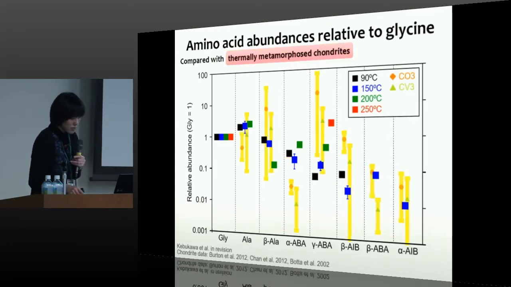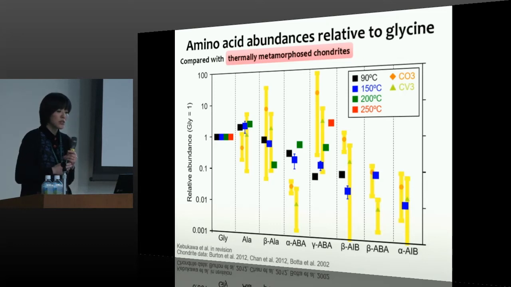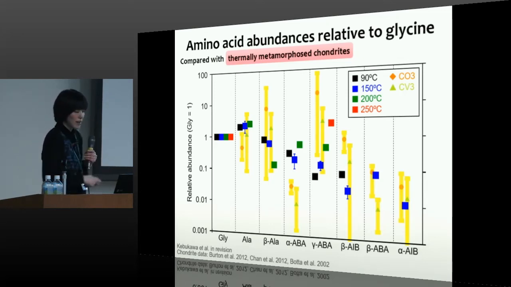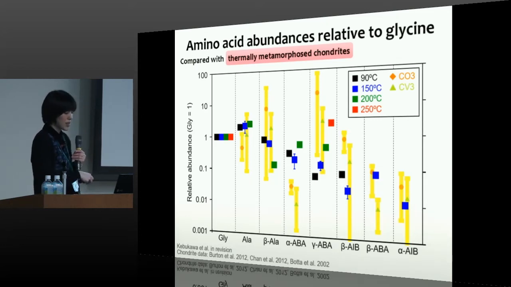Now compared to the thermally metamorphosed chondrites, like CO or CV carbonaceous chondrites, they show some differences between the experimental products and the thermally metamorphosed chondrites.